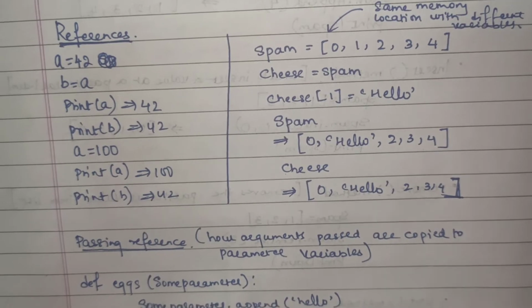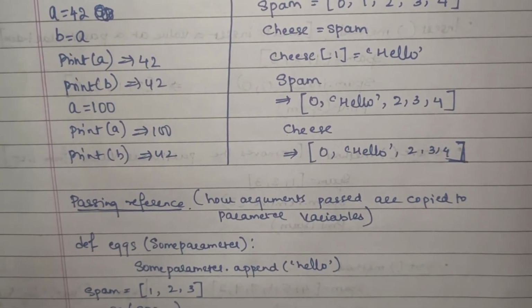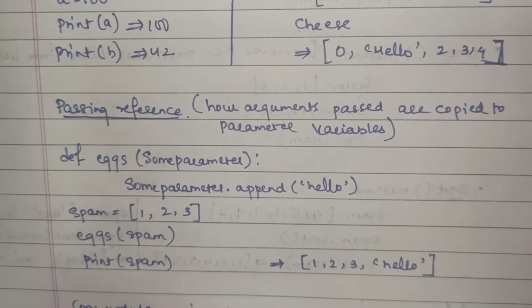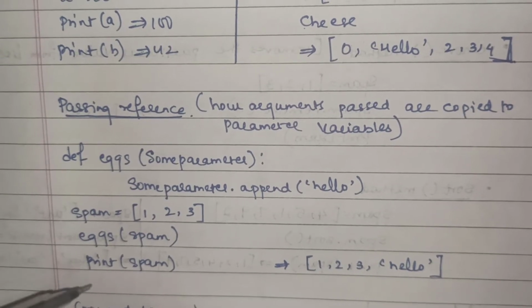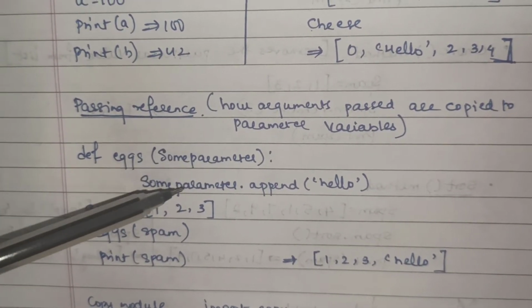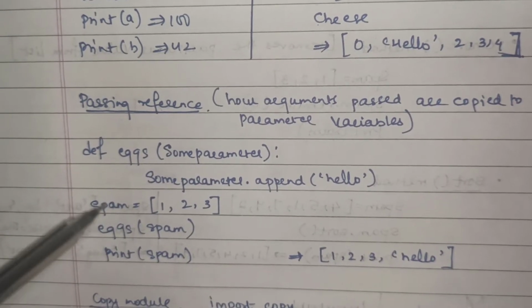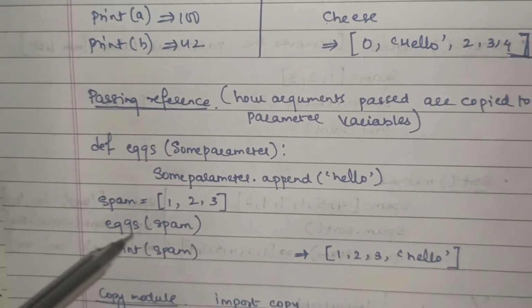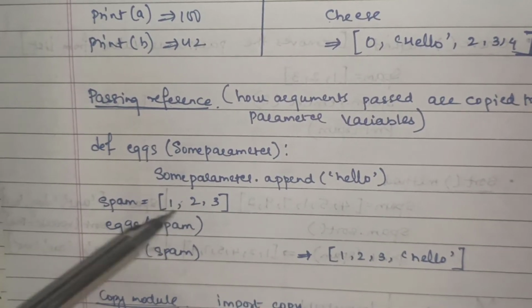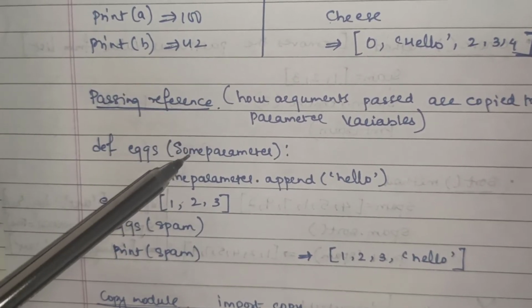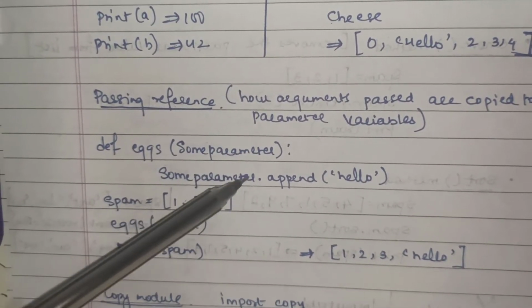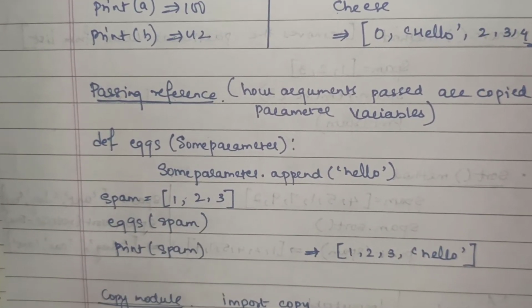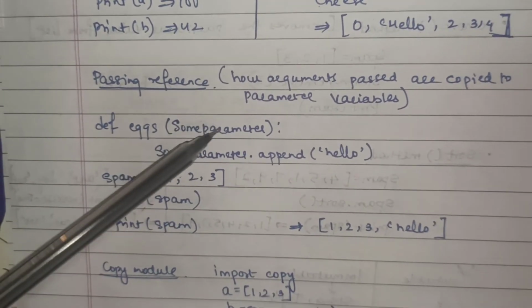Coming to passing references: suppose you call a function and pass in arguments that will be copied to the parameter variables. You have the function def x with some parameter, and before that you have spam equals 1 2 3, and you call the function x of spam. You pass the list 1 2 3 to the function x, and it goes to the parameter, and the parameter dot append hello appends hello to the end of the spam list, because you have sent spam here.